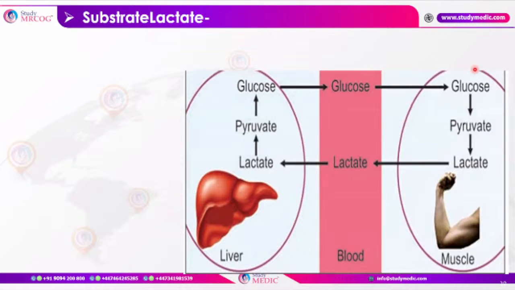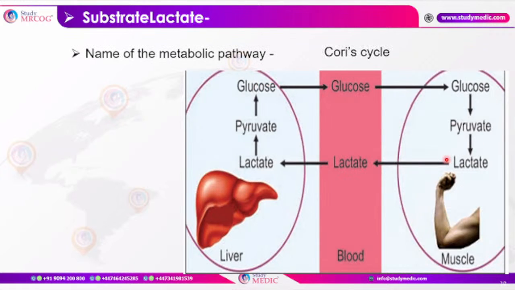We just saw pyruvate to lactate, that is lactate dehydrogenase. The lactate can go to the liver and be converted from pyruvate to glucose. We saw in the previous slide how pyruvate forms glucose. This is called Cori's cycle. So from lactate, we are able to get back the glucose.